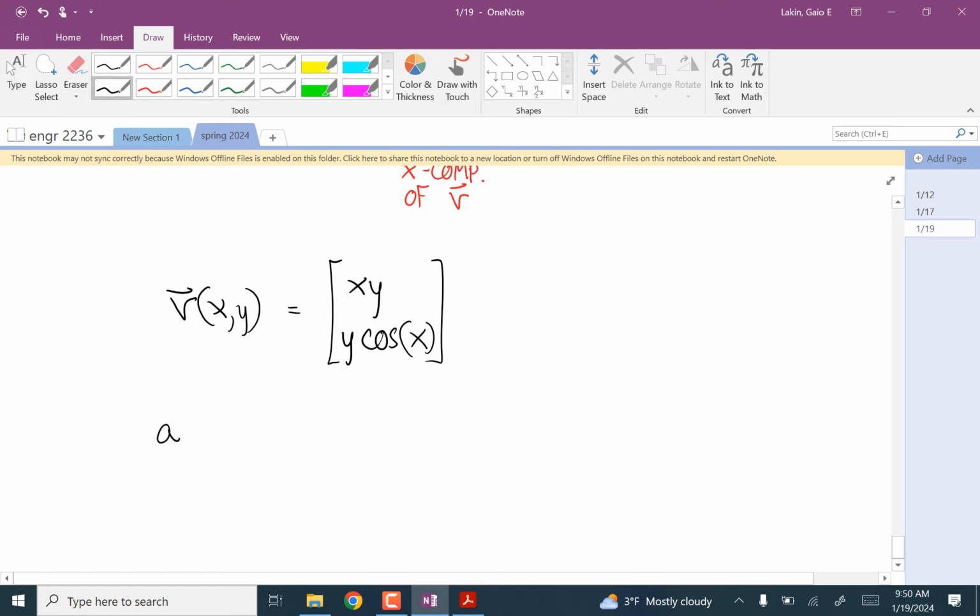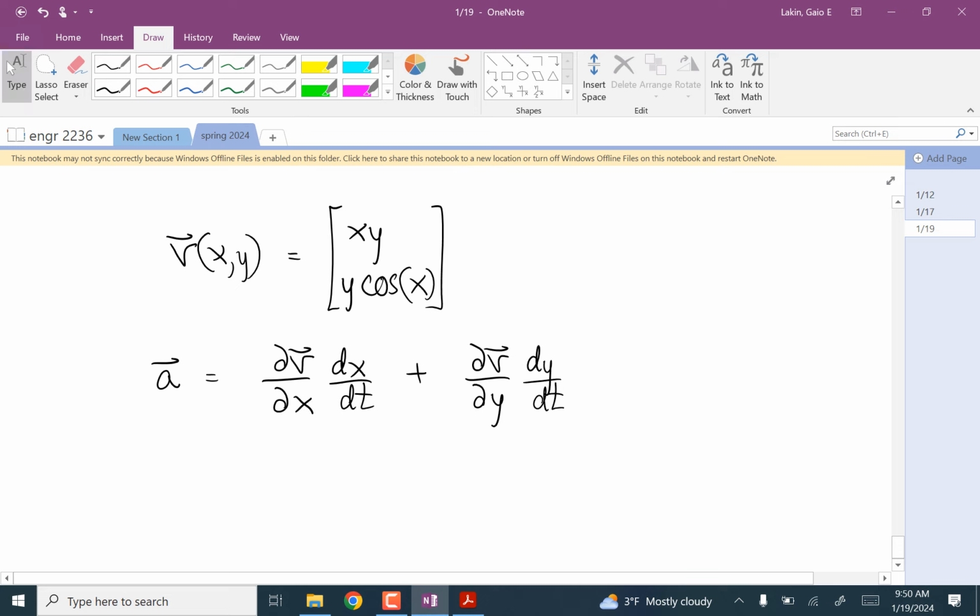Then the acceleration would be the partial of v with respect to x times dx/dt plus the partial of v with respect to y times dy/dt.